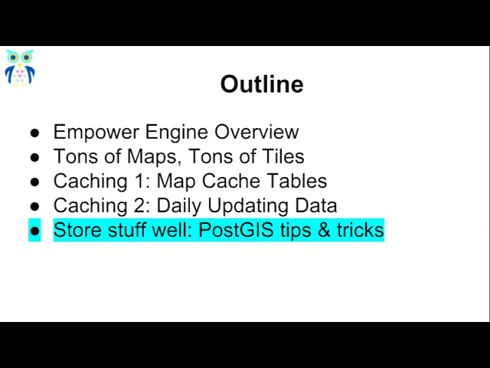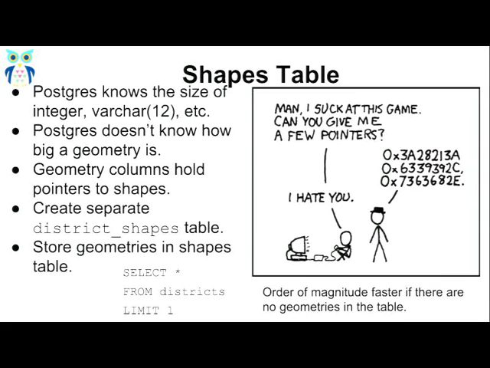So now I'm going to get into just some Postgres and PostGIS tips and tricks. Whenever you define a table in Postgres, you say that this is an integer column, and this is a varchar column, a varchar 12 column, and so on and so forth.